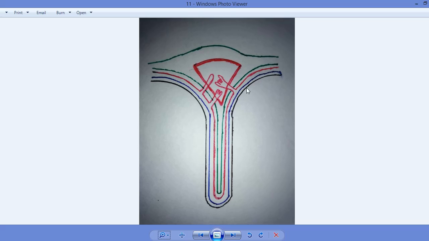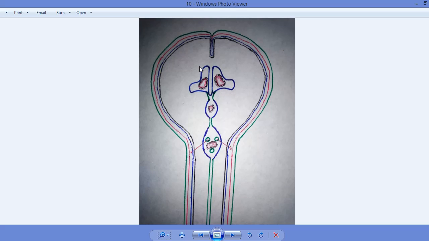So the absorption of the cerebrospinal fluid mainly occurs in the superior sagittal sinus. It can also be absorbed in various veins and the lymphatic system, but the majority is absorbed into the superior sagittal sinus. Now once again we are going to discuss it.